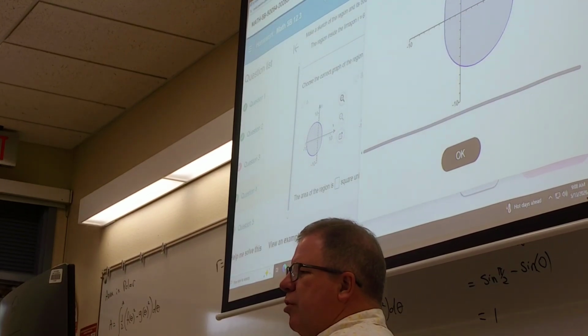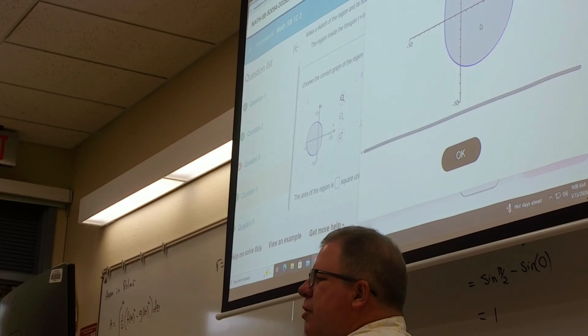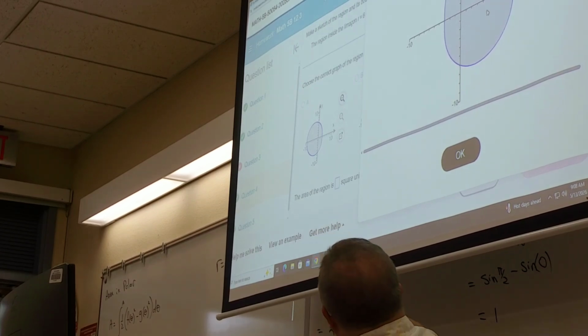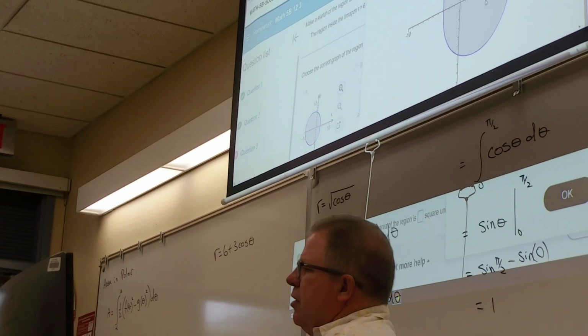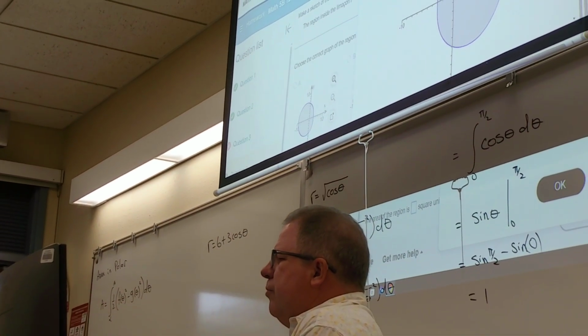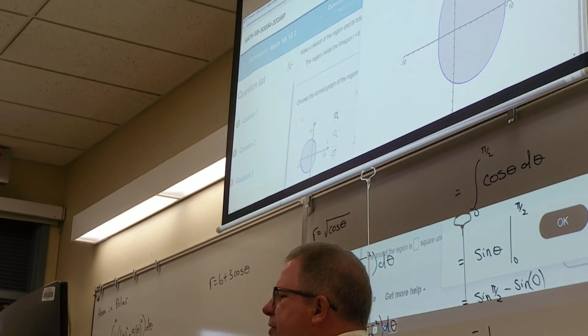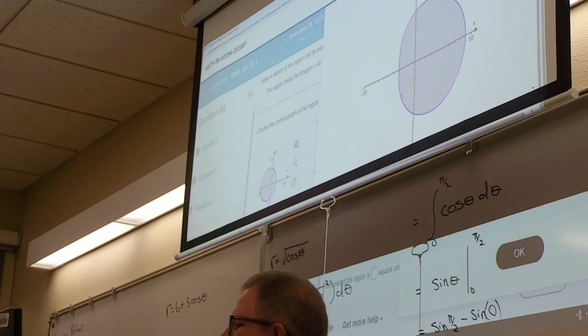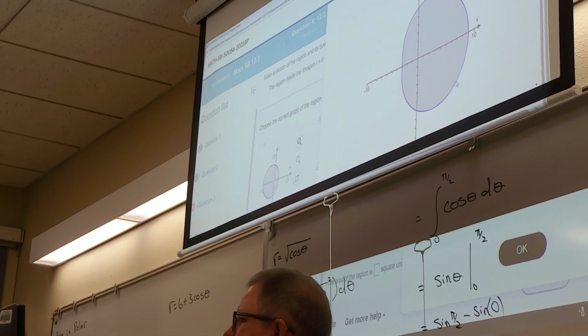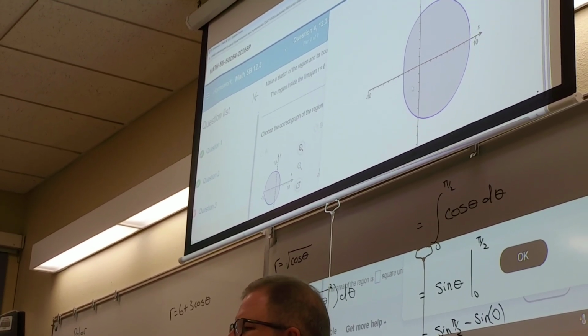I want to try to keep it somewhere where it doesn't cover up the function, but it's on the board over there on the left. So let's figure out what values of theta generate this top half, because we can see the bottom half is the same, correct? Does everybody agree?